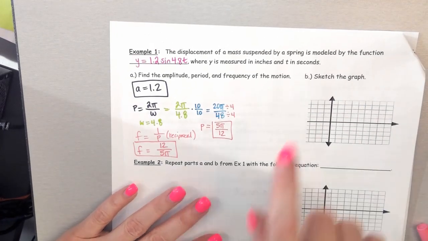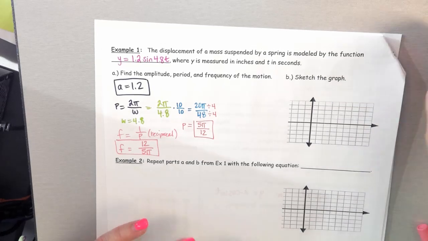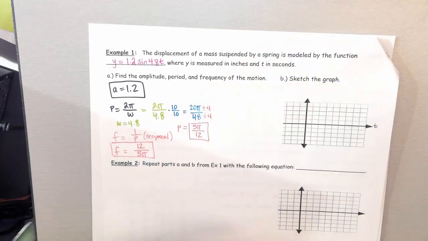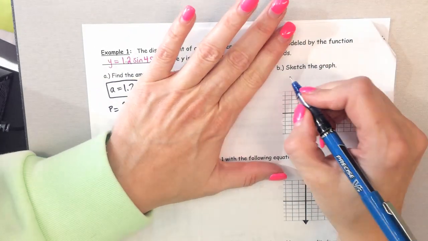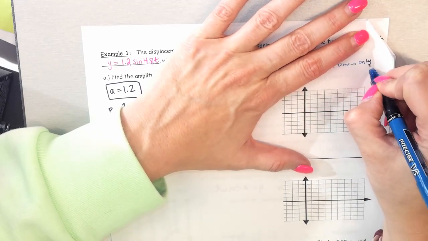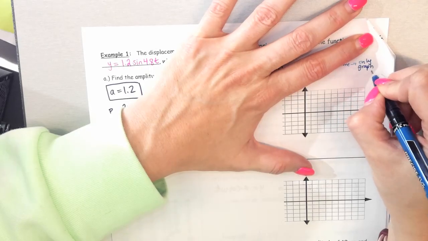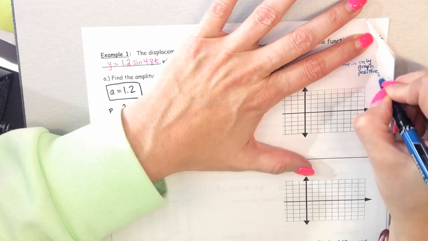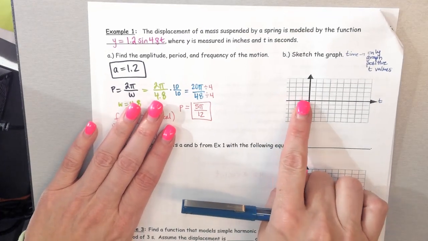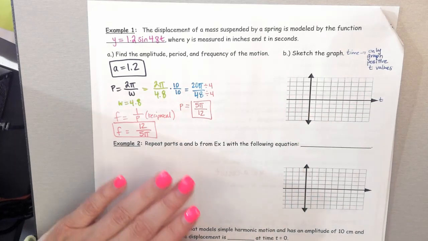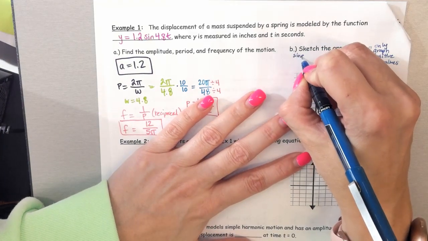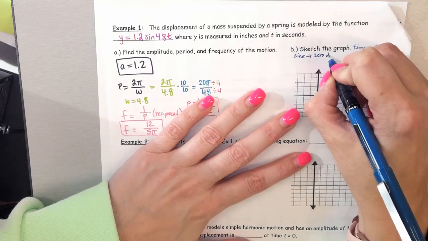All right, now when you're sketching the graph in this section, there's a few things we have to be mindful of. So remember that your x-axis is now t. So when we are sketching with time, you only have to graph your positive values. Which means we will not be using the negative side of your x-axis, which is the time. Okay, and then when you have sine, that's going to be 0 displacement.